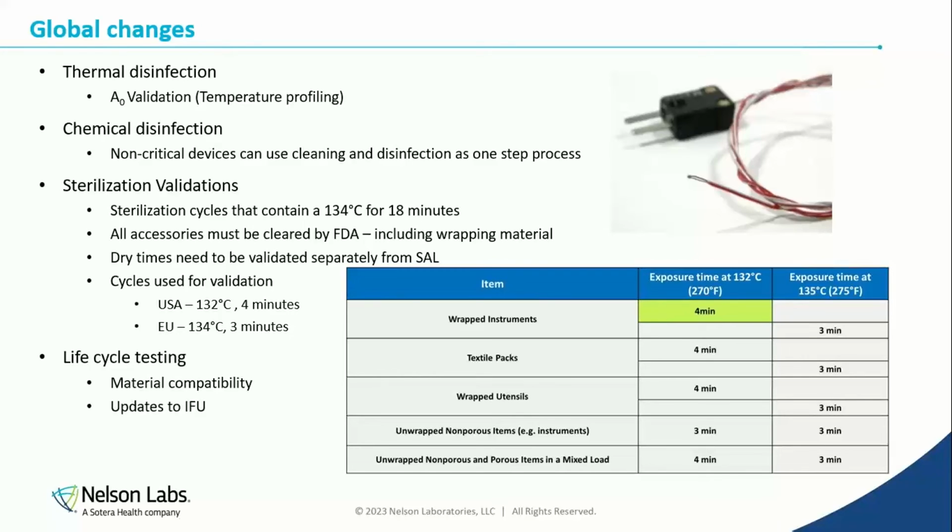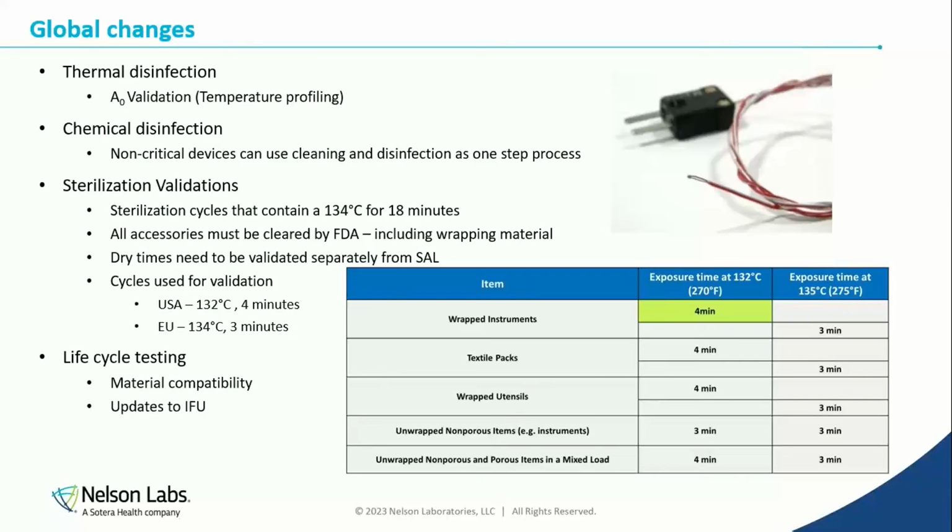So if you don't have that, you may want to assess that for functionality, right? Because we're looking at 134 at 3 minutes for validation for sterilization level, just 3 minutes. And now you do 18 minutes. And if you do that over and over again, your devices may break down faster.